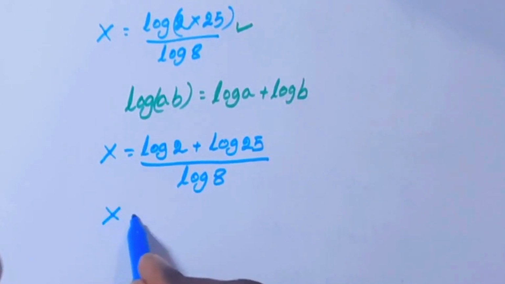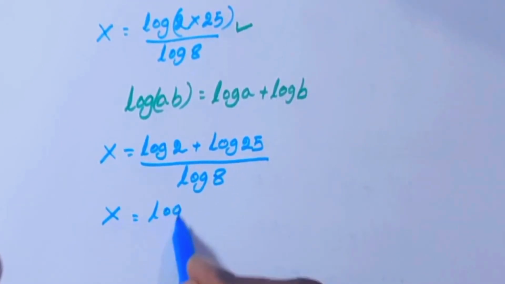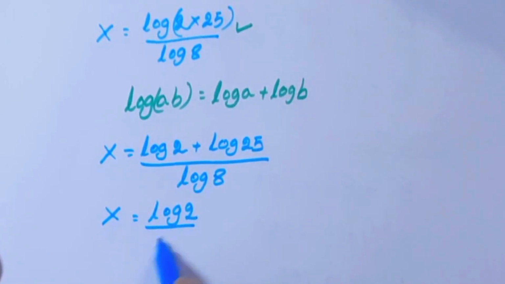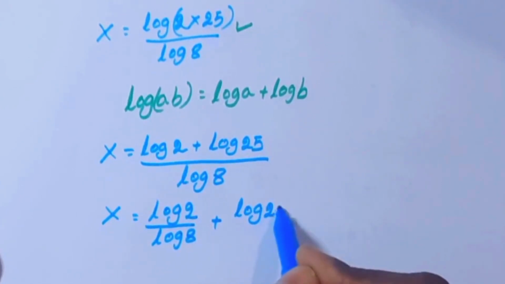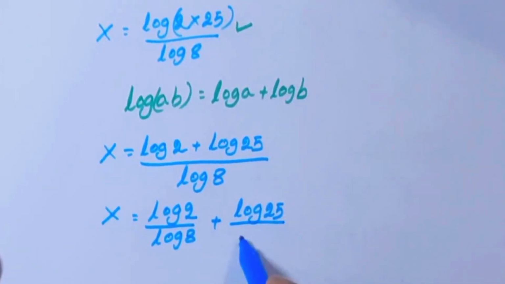Now x equal to log 2 by log 8 plus log 25 by log 8.